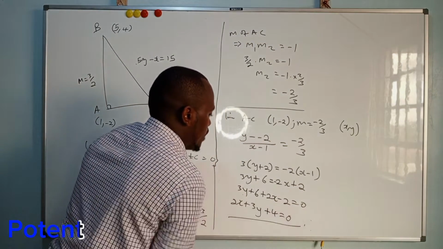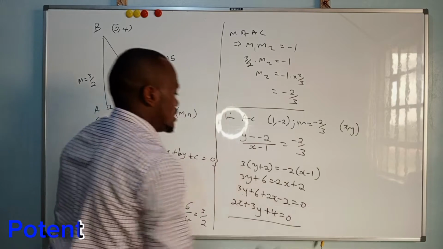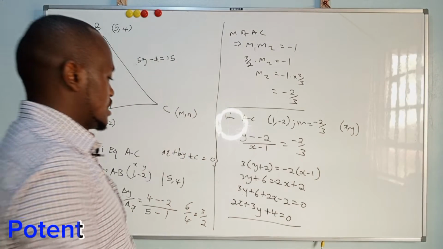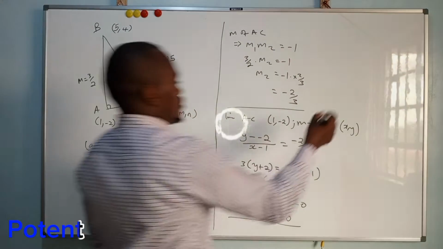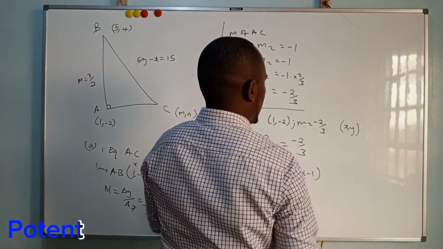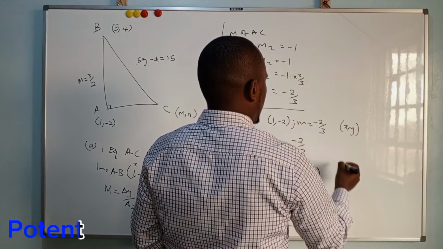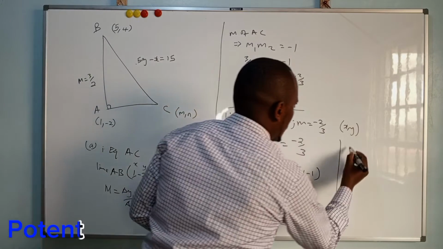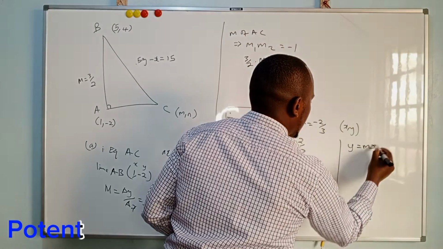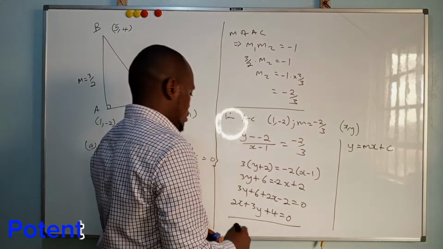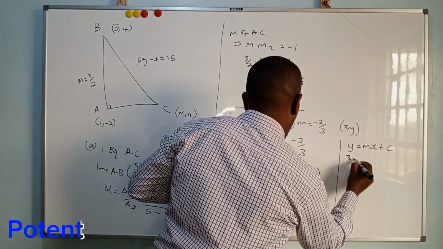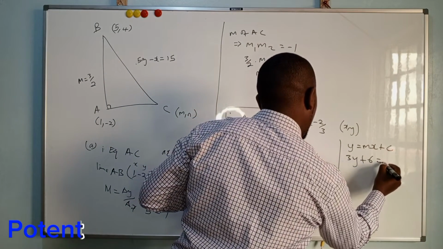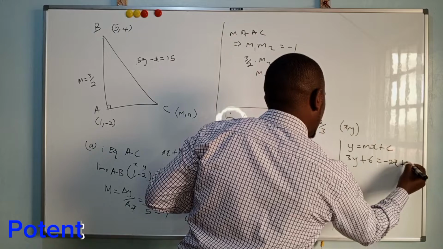But if you are just asked to give the equation of the line, we know the equation of a line is given in the form y equals mx plus c. So in that case, you could have said 3y plus 6 equals negative 2x plus 2.